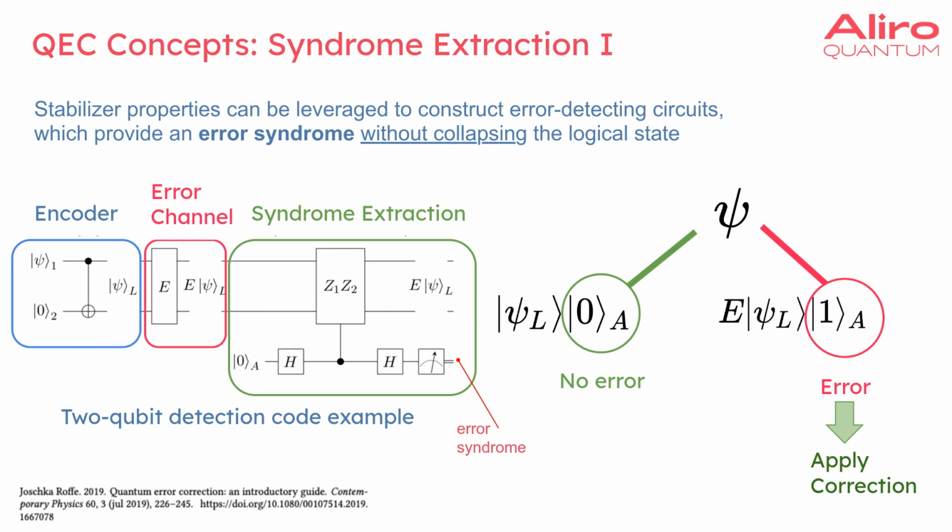And then after the state has been encoded, we presumably have some error channel that is inducing noise, and then we leverage a syndrome extraction circuit, which uses our stabilizers to detect the errors that the error channel imparted on our system.